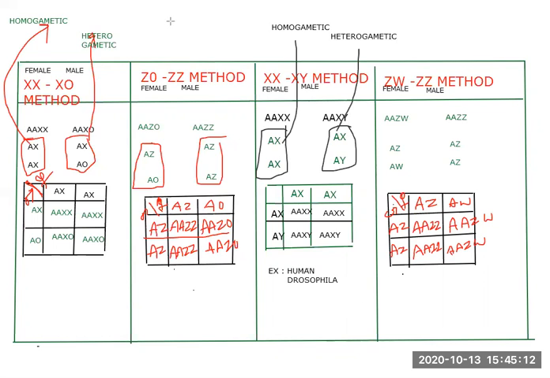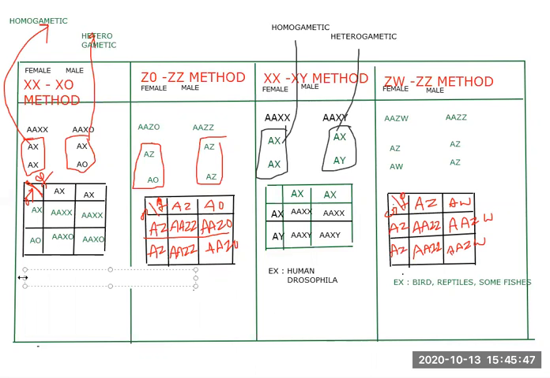So now examples. The ZW, ZZ method of sex determination we can see in birds, reptiles, and some fishes. As we said already, in human beings and Drosophila, XX, XY type of sex determination is present. Now let us see the XX, XO method of sex determination.